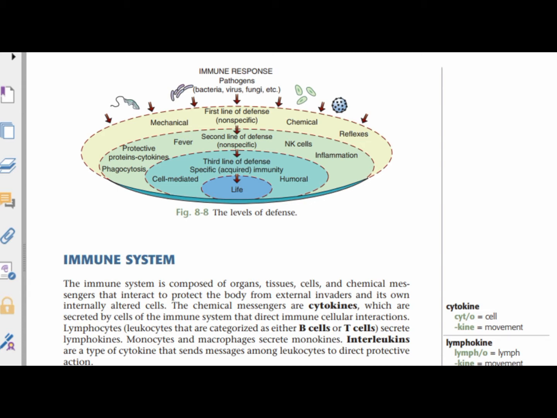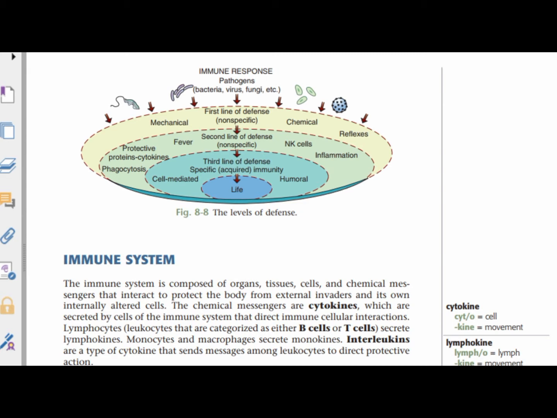Interleukins: inter means between, and leukin means white, so between the white blood cells. We have chemical messengers in our immune system, which involve the cytokines, and also messengers for the B cells and T cells. Then we have the monocytes and macrophages, which secrete monokines and interleukins. The primary purpose of these substances is that they send messages among leukocytes.